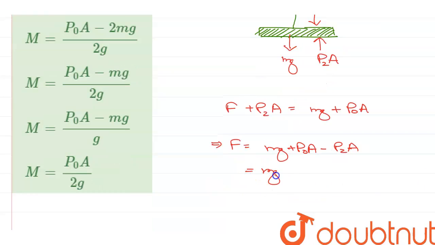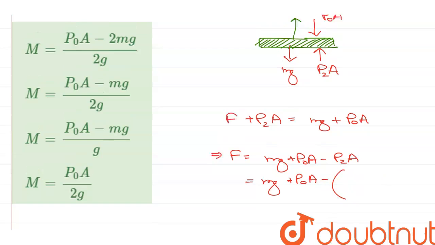Which is equal to mg plus P naught A minus, what is P2?